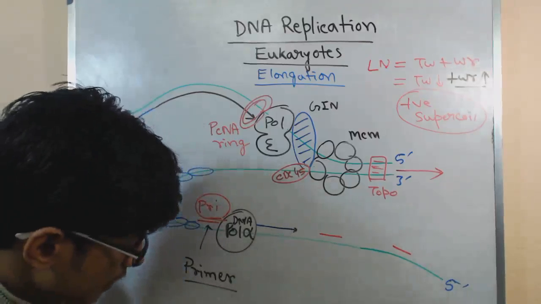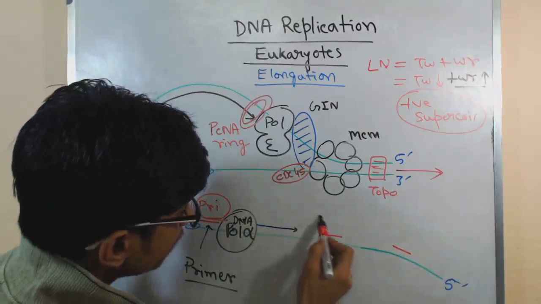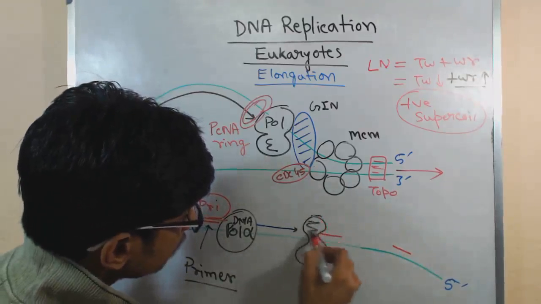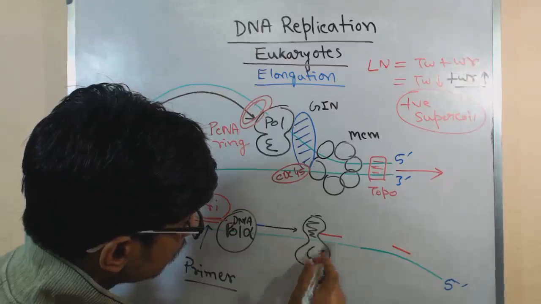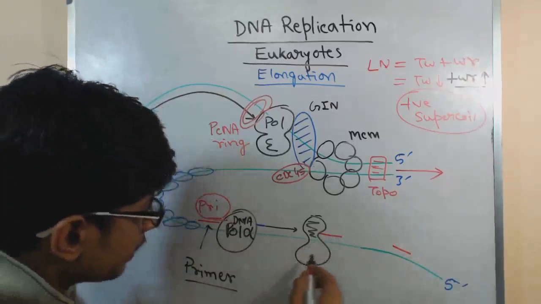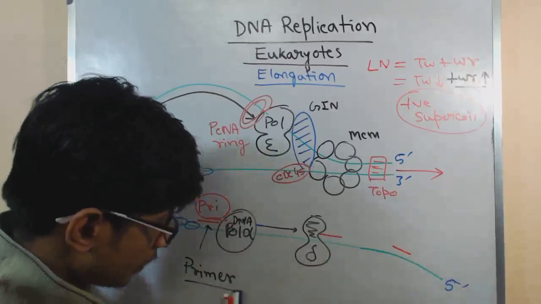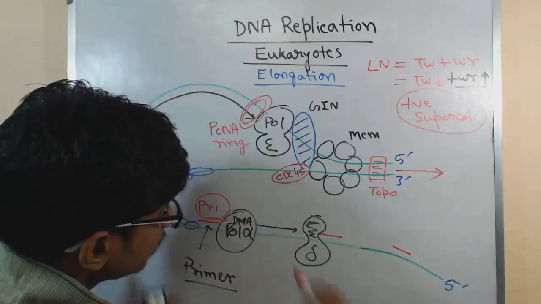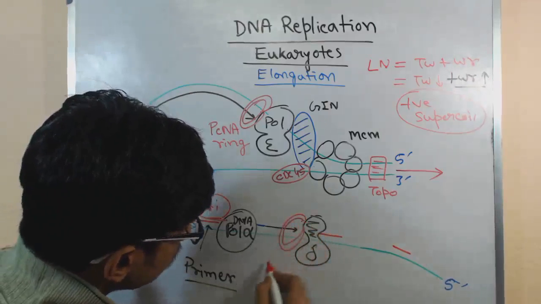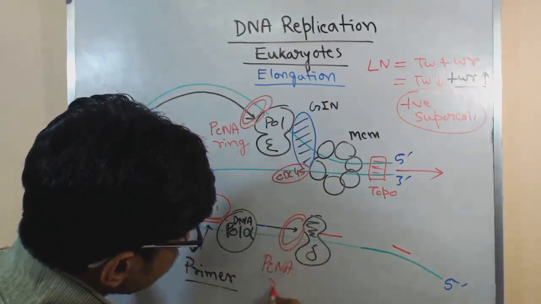So here we go, the polymerase delta, and alongside we have the PCNA ring.